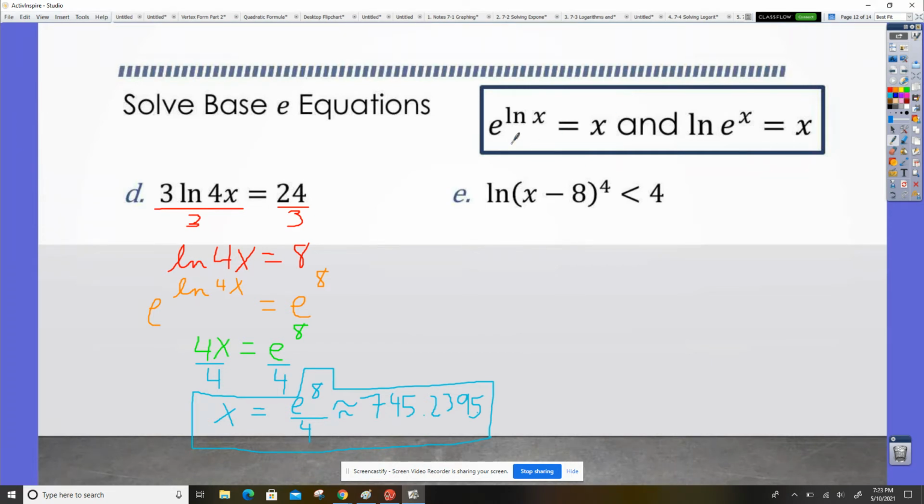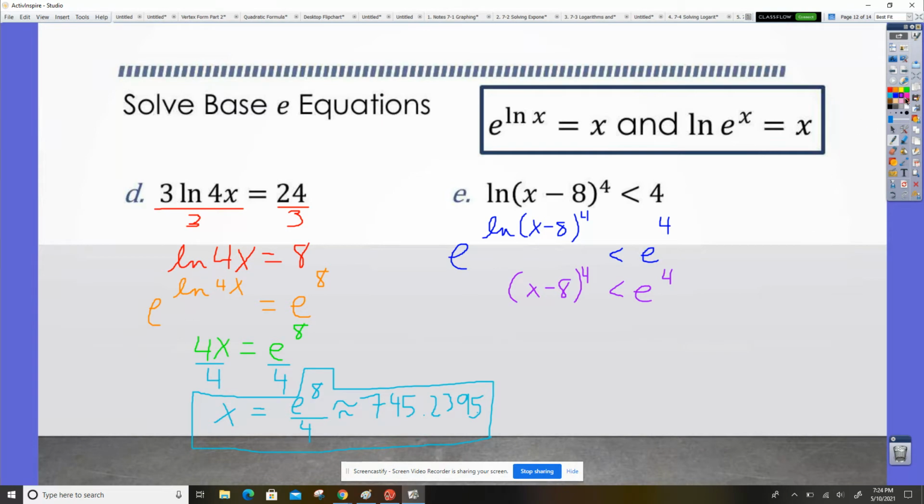So just like the last problem, I'm going to take e to the power of all of this, ln of (x minus 8) to the 4th, and then I'm going to take e to the 4th power over here as well. Just like before, the e and the ln cancel, so I'm left with (x minus 8) to the 4th power is less than e to the power of 4.